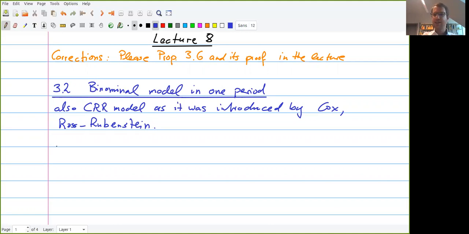All right, so let us start by setting up the model. Let's call it the binomial model.